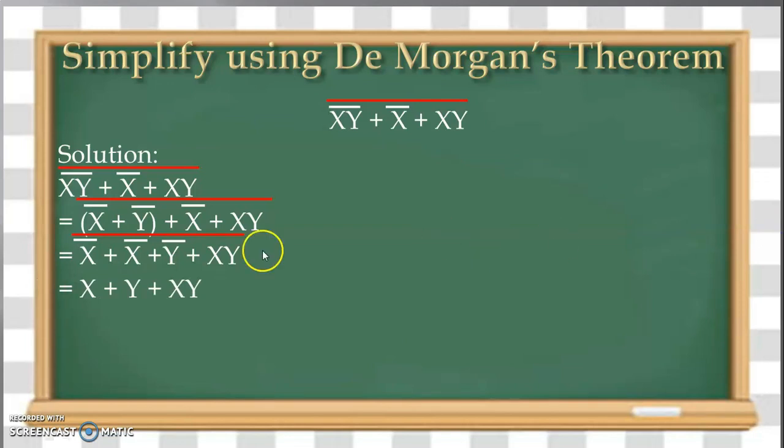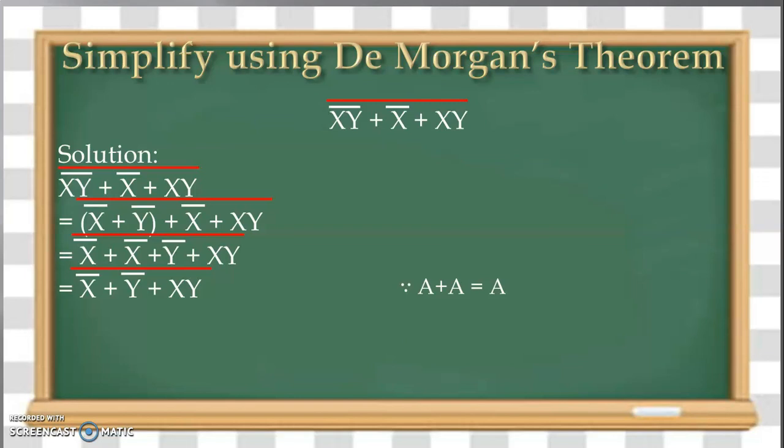So we use this x bar plus x bar as x bar. One of the x bar is eliminated, plus y bar plus xy and whole bar, because we know that a plus a is equal to a. Same rule we have applied for x bar plus x bar, that is x bar.